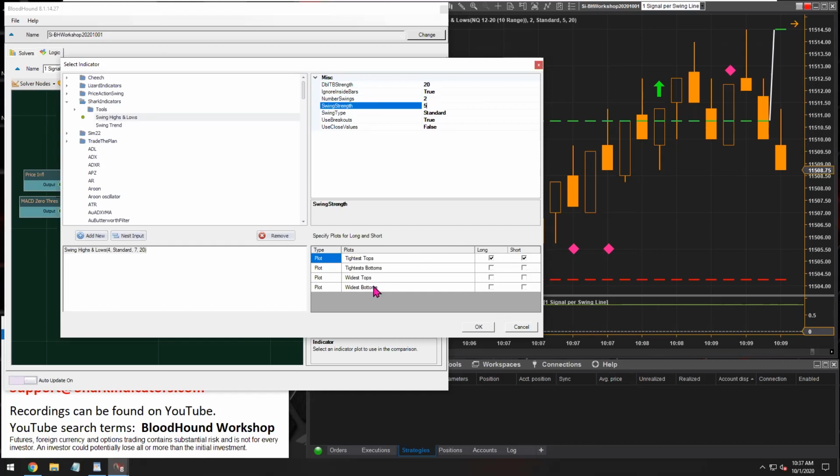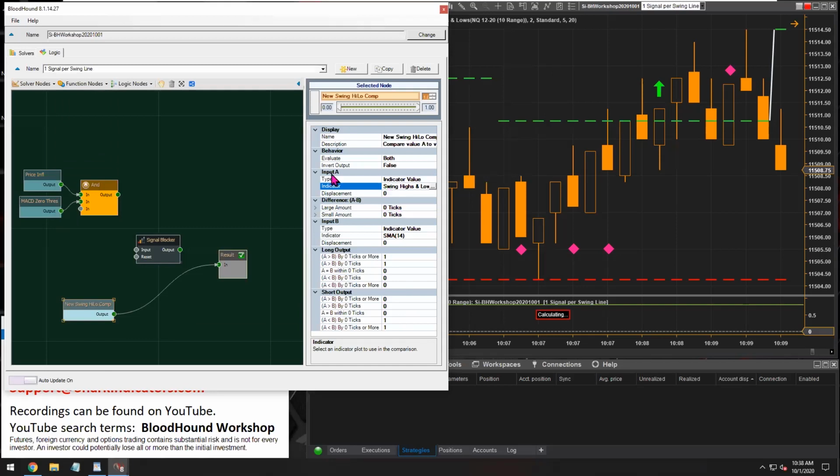Next, we want to figure out what plots we want to use. For a long signal, I'll generate a signal when the swing high moves higher, and a short signal when the swing low moves lower or changes.